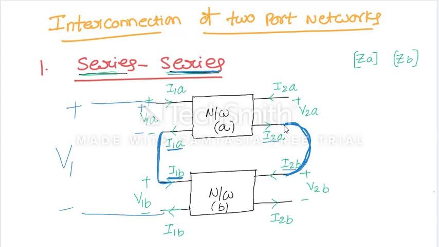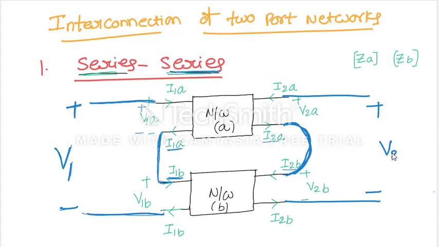If I do this, the same current will flow. I will take the other two terminals like this. If I call this whole voltage V2, then V2 is V2A plus V2B, isn't it? So it is a series connection.